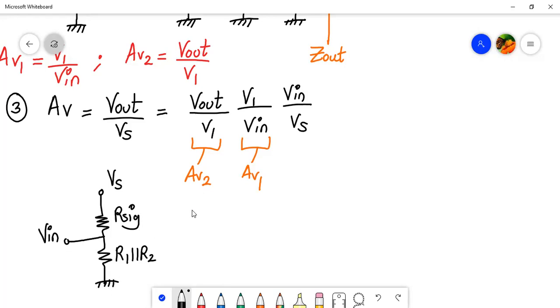So now by simple VDR, by the voltage division rule, can we write V in in terms of Vs? Yes.